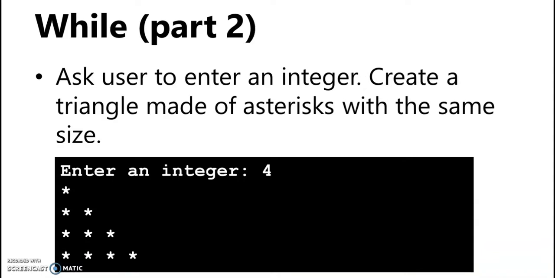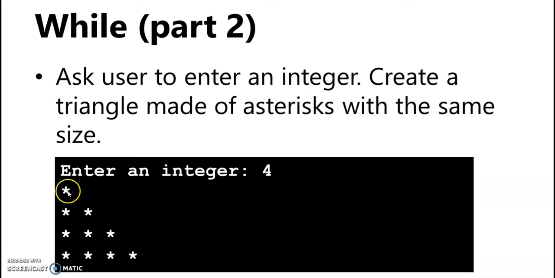We've done this. Okay, this is a very typical example question from me. I normally ask this in exams and in tests. Well, it could appear this year, it might not, but let's have a look at the example. Okay, so what I want you to do is to write a program that asks the user to enter an integer. With that, I would like you to create a triangle of asterisks, okay, with the same size.